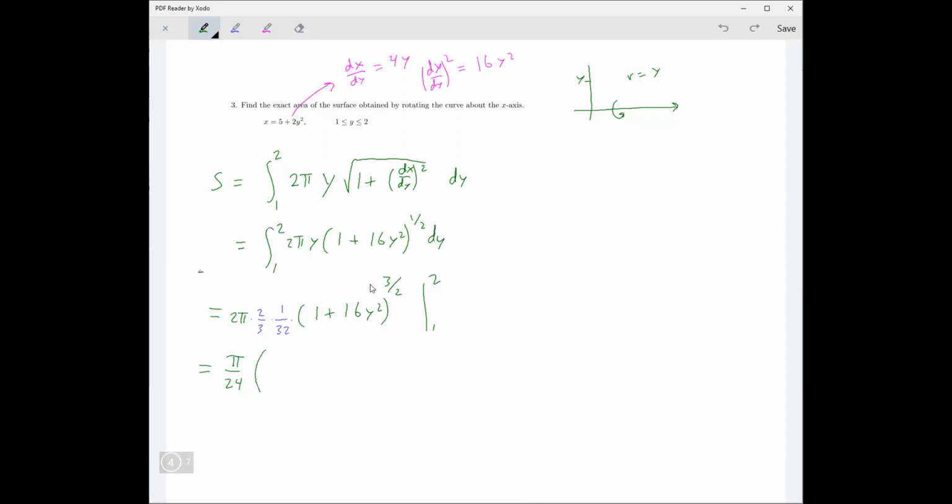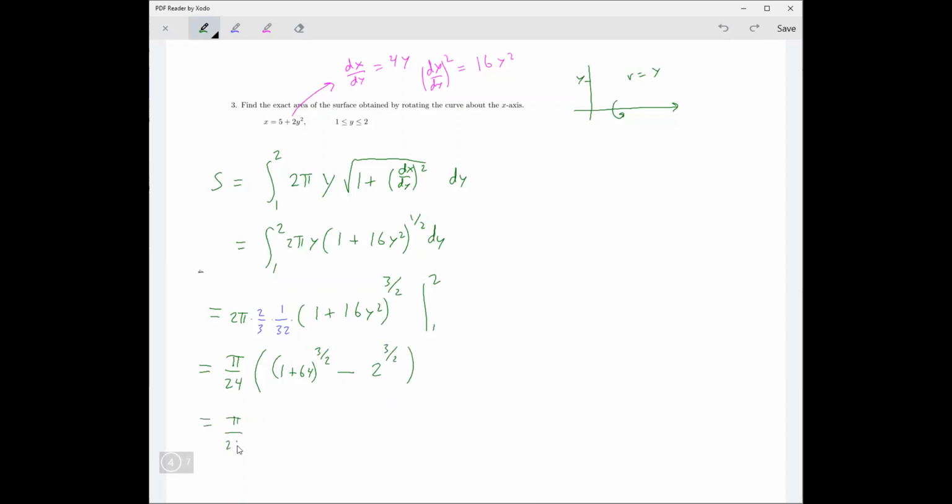Now if I put a 2 in, I have 1 plus, 2 squared is 4, 4 times 16 is 64. So that's 1 plus 64 to the 3 halves, minus, and I put a 1 in, I get 2 to the 3 halves.